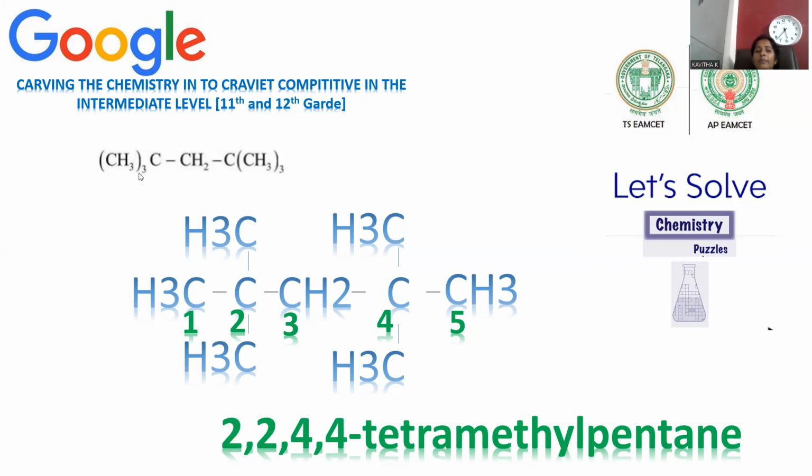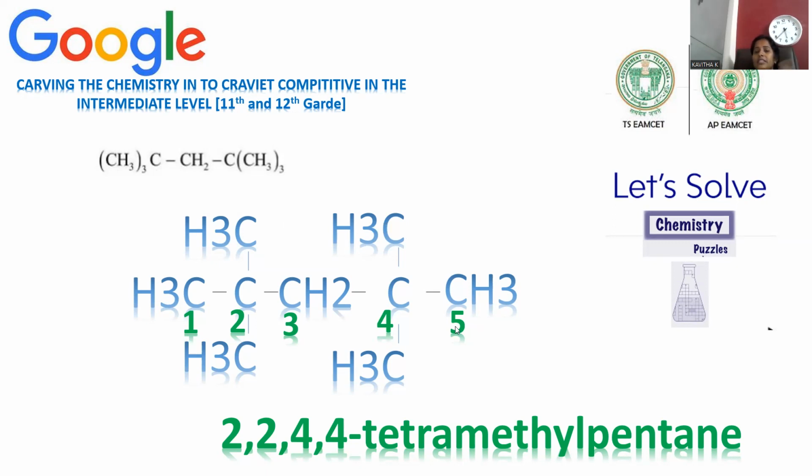And on the second carbon, you can put methyl and methyl, because here we can find 3 methyl. One of the methyl is the parent chain only. 2 methyl will become substituents. And on the fourth carbon, you can find 2 methyl and one more terminal methyl will be there. If you count the number of carbons, 5 carbons you can notice.